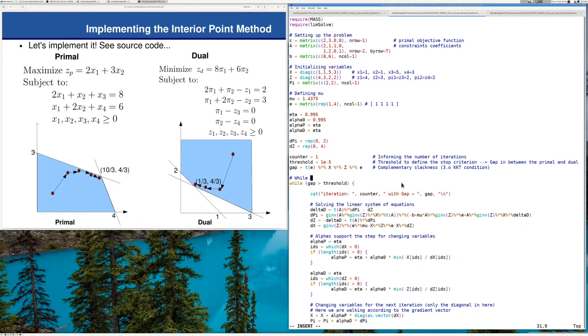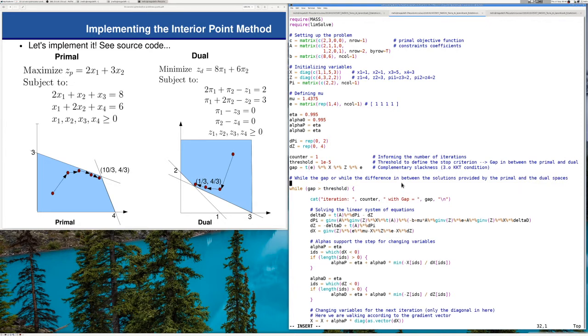While the gap, or the difference in between the solutions provided by the primal and the dual spaces, is different enough, and the threshold is going to define how much is enough, of course, okay?